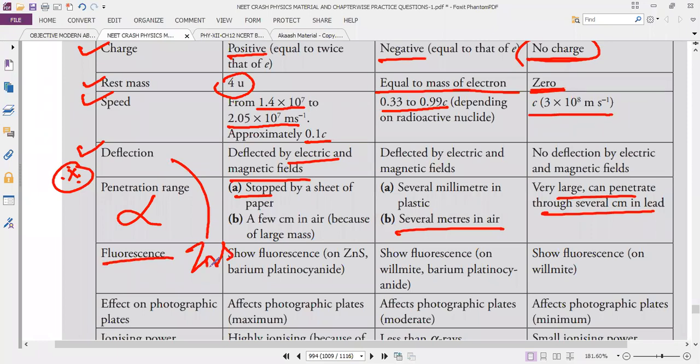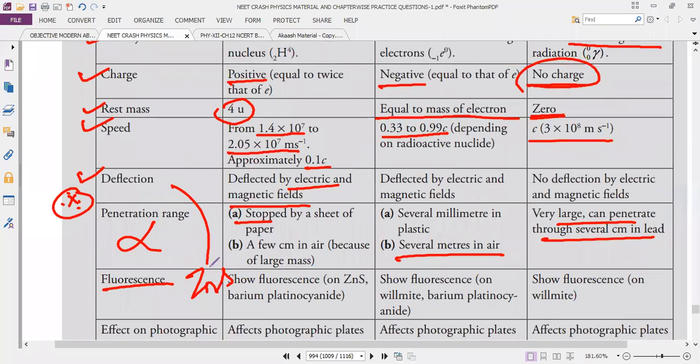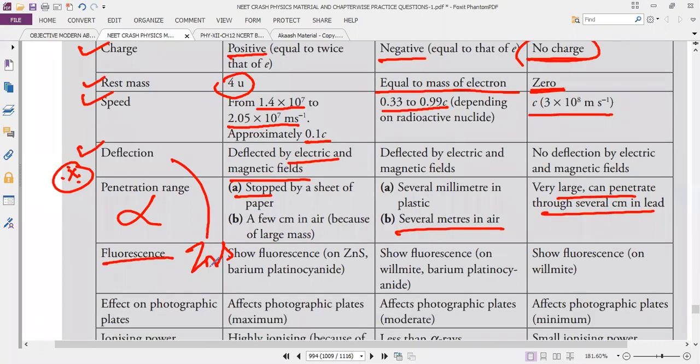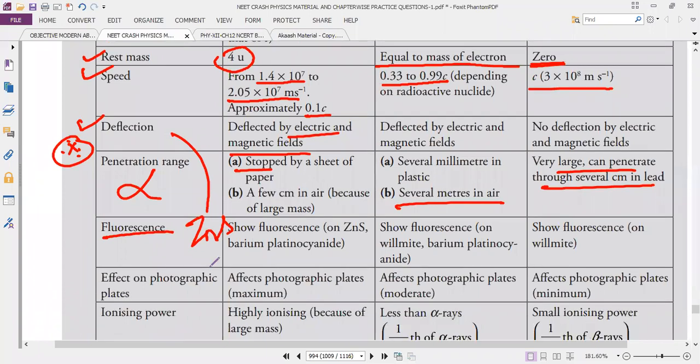For beta, there are other screens, like barium platinocyanide, but maximum we use the ZnS screen for the fluorescent purpose.